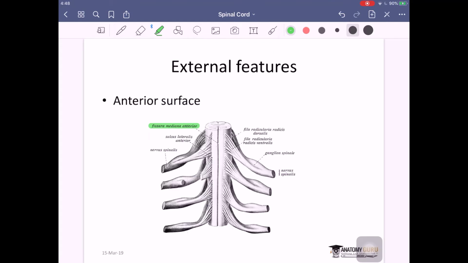In this picture again you can see the anteromedian, and on either side where the nerves are coming out, this red line which I am drawing on both sides is your anterolateral sulcus. Because it is not that deep, this is right anterolateral and left anterolateral. Here also you have one more anterolateral.